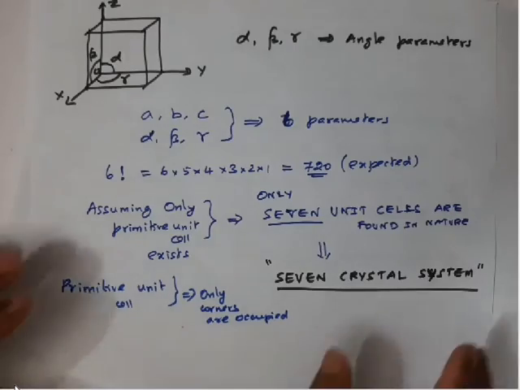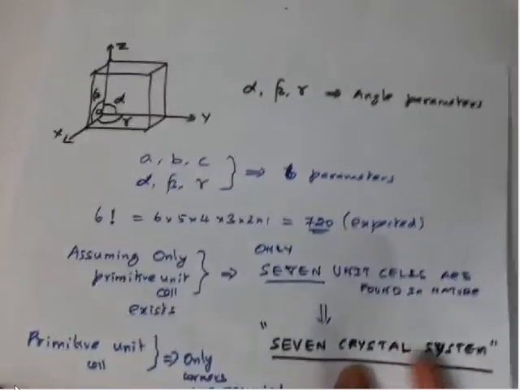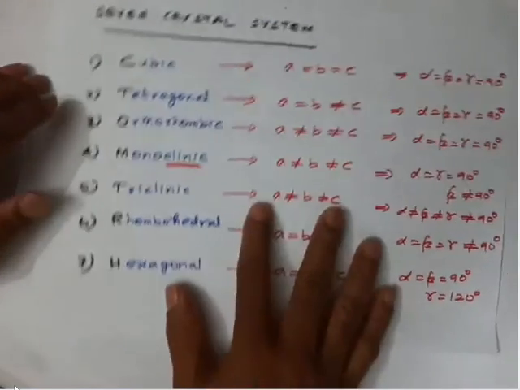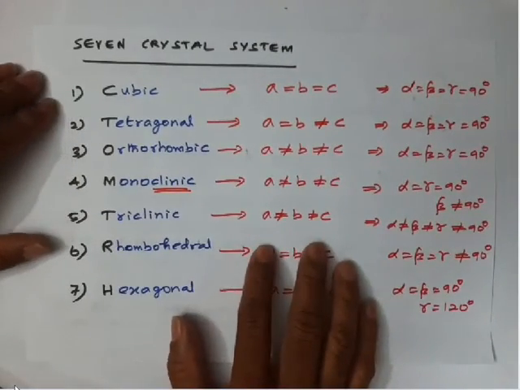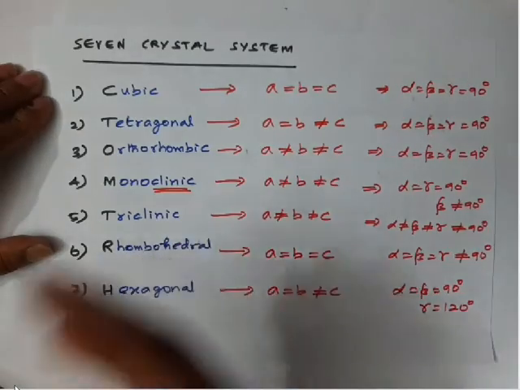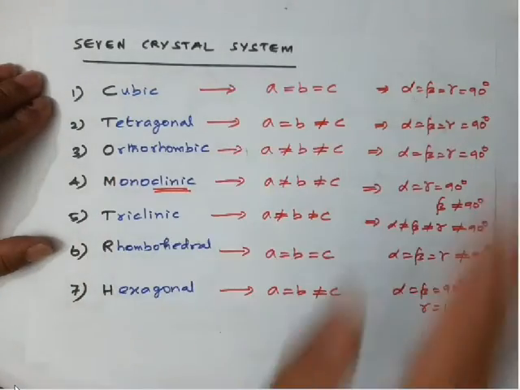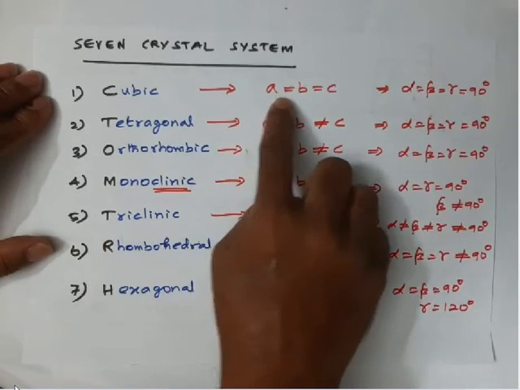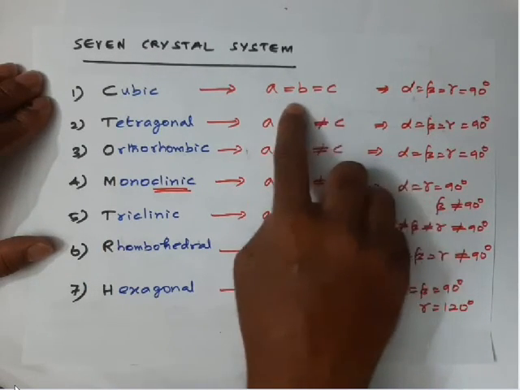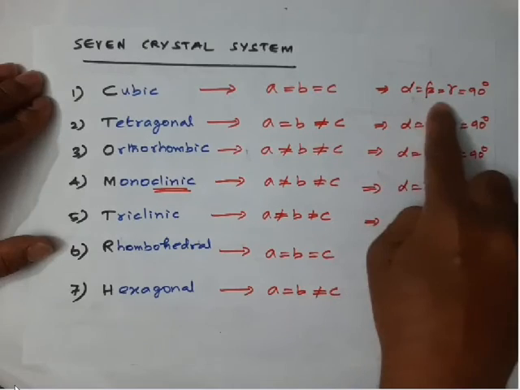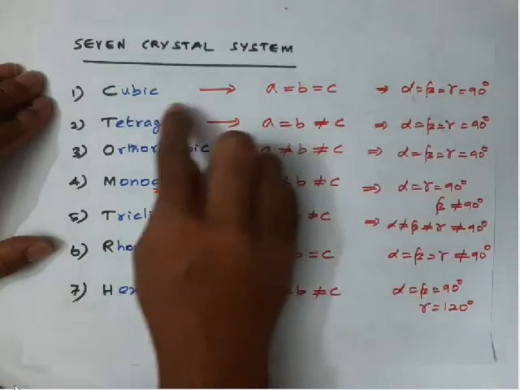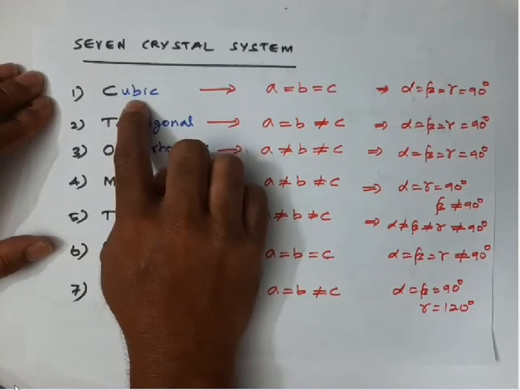What are the 7 different types? These are all the 7 different types of unit cells. We call these 7 different types of unit cells or crystals the 7 crystal systems. If any unit cell has all length parameters equal and all angle parameters equal to 90 degrees, that crystal must contain a cubic unit cell.